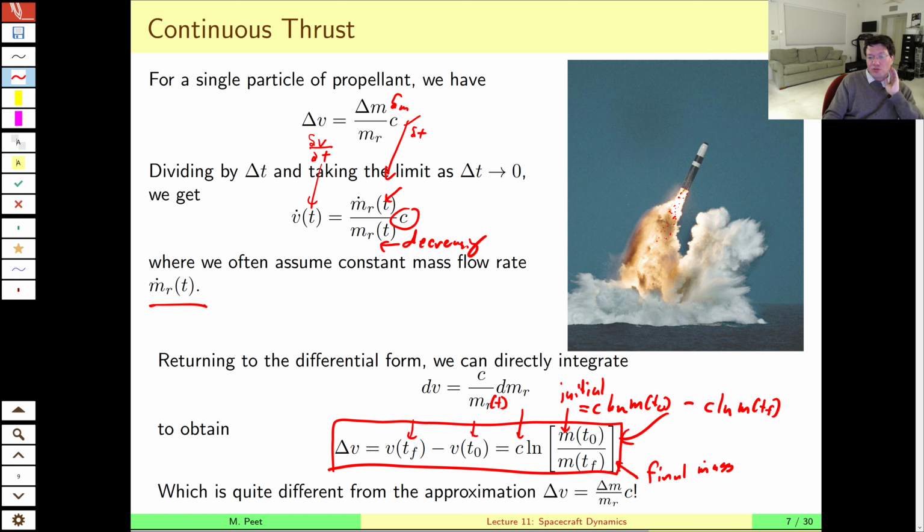So the ratio of the initial mass to the final mass determines the delta V.